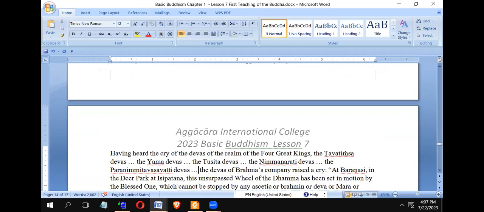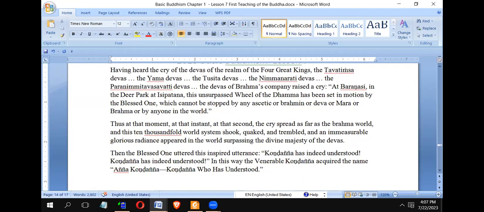Then there are six Deva planes. Then the Brahmas. At that moment, at that instant, the cry spread as far as the Brahma world. Ten thousandfold, the world shook, quaked and trembled. Then an immeasurable radiance appeared in the world.